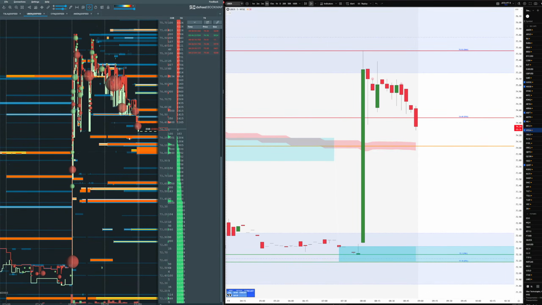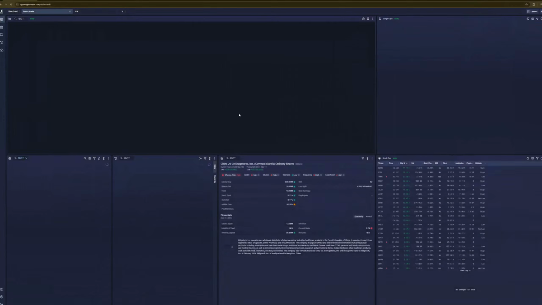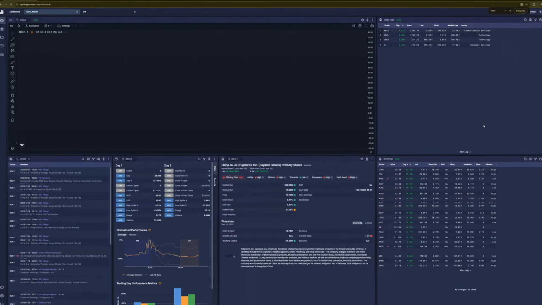Yeah, this morning I'm looking at, first of all, small caps, but it's pretty dry. We have days like yesterday where we have many small caps to trade.